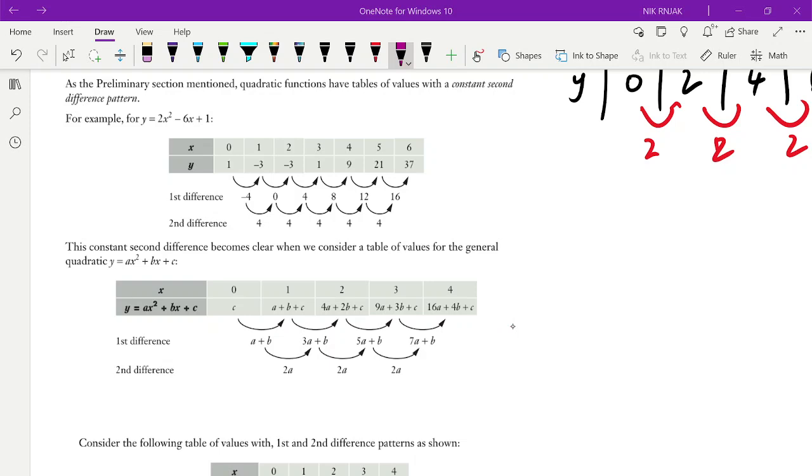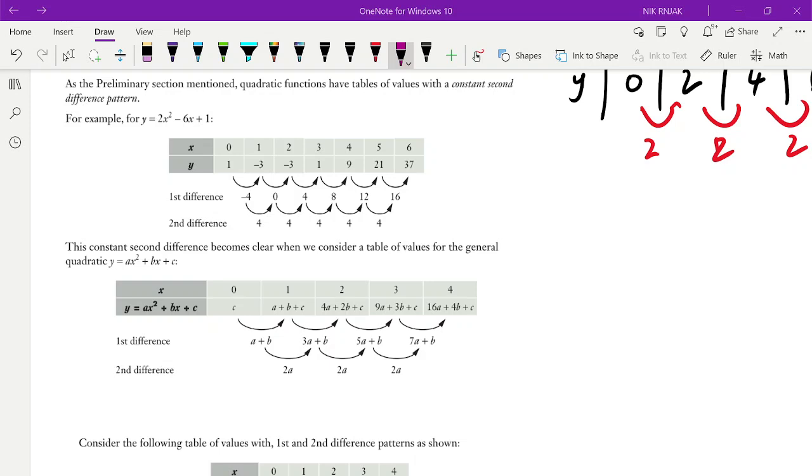For example, if you substituted x equals 0, then that would be 0, that would be 0, leaving just c. If you substituted x equals 1, then you'd have 1 squared times a, which is just a. You'd have 1 times b, which is just b, and then c on its own, and so forth.